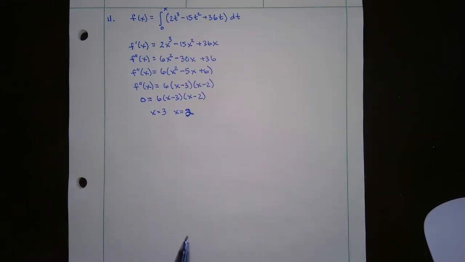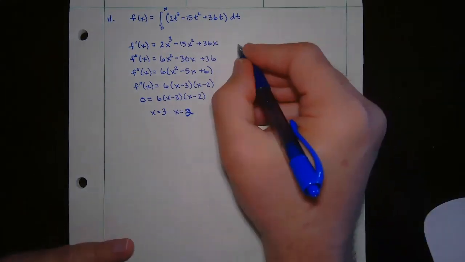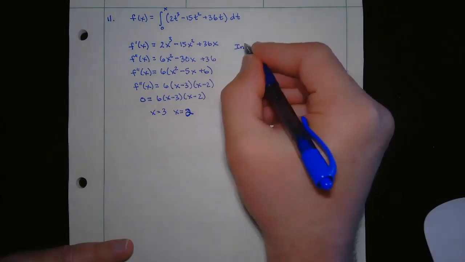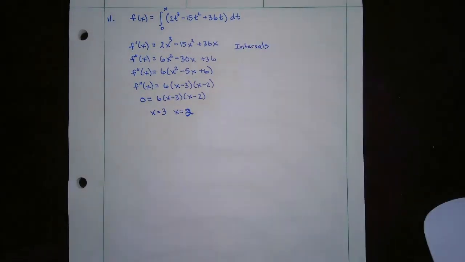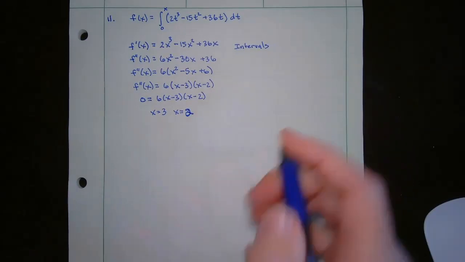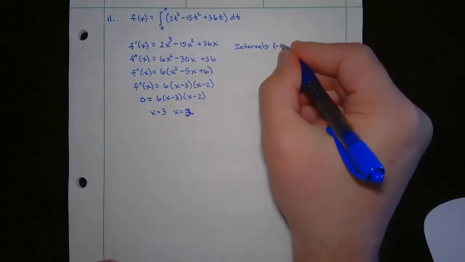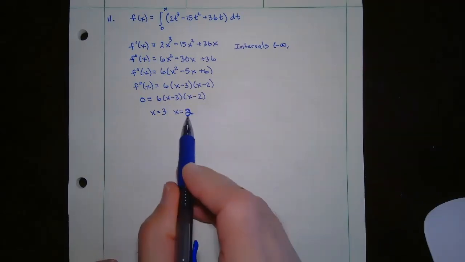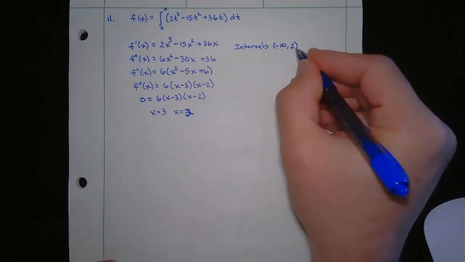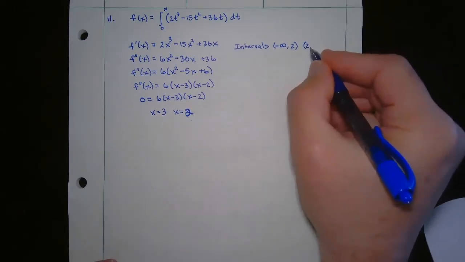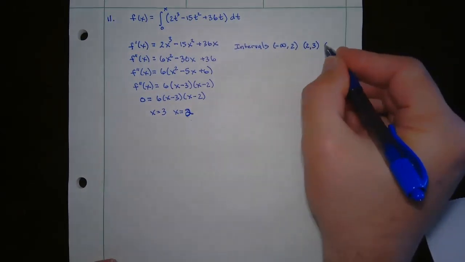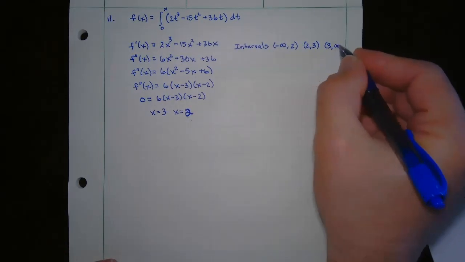Okay, so this is going to set up the intervals, right? We're going to do a sign chart again. Okay, so the intervals that we're going to look at, and there were no restrictions on this. So the intervals are going to be negative infinity up to the first of these, which would be 2, and then from 2 to 3, and then from 3 to infinity.